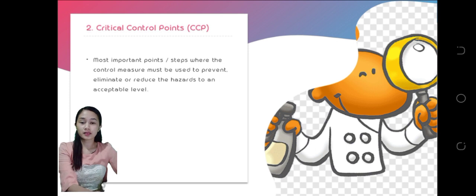These are the most important points or steps where the control measure must be used to prevent, eliminate, or reduce the hazards to an acceptable level. The importance of it is that it prevents risks that could make the completed product harmful from occurring during the production process, including physical, chemical, and biological risks.